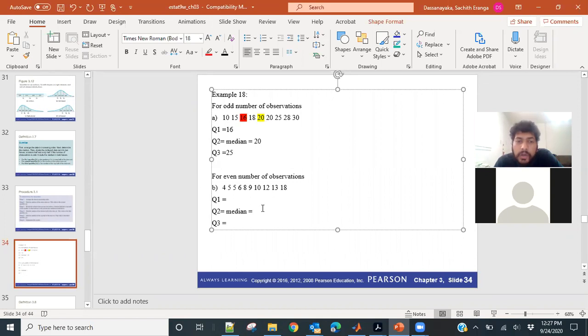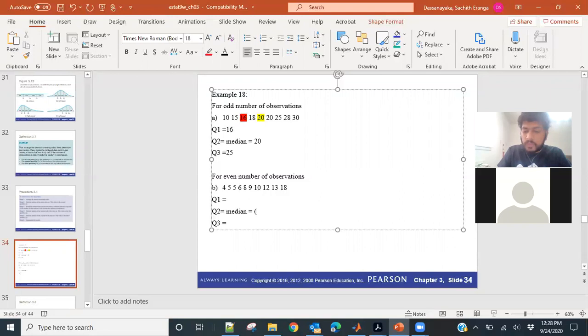Let's check how we do it if we have an even number of observations. It doesn't matter, even or odd number of observations, you use the same method to find the Q2 or median, n plus 1 divided by 2. Here let's say 3, 6, 9, 10. You have 10 observations.